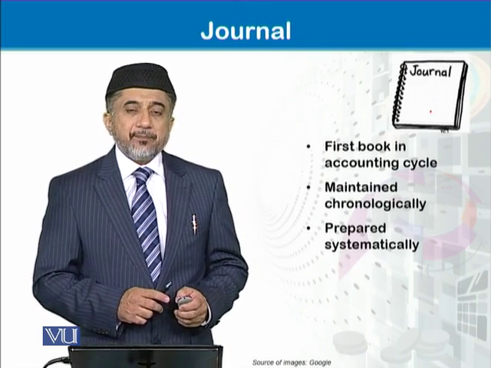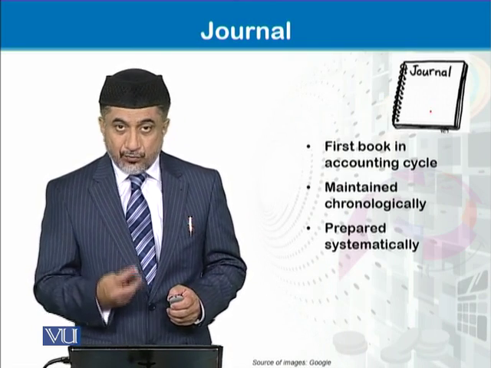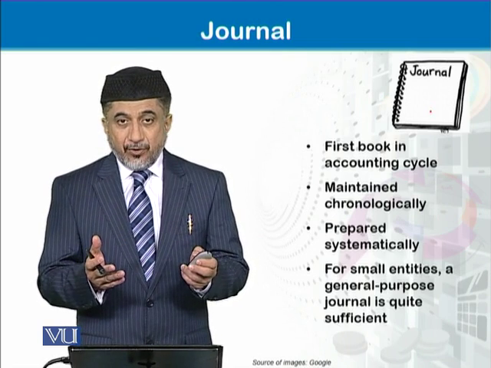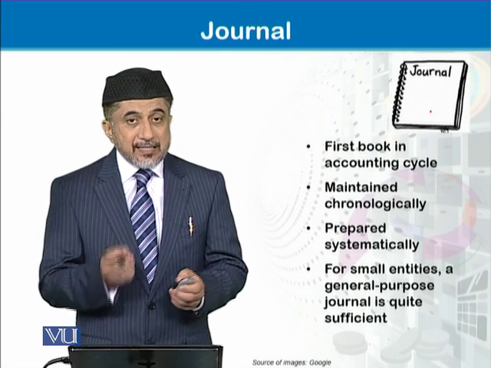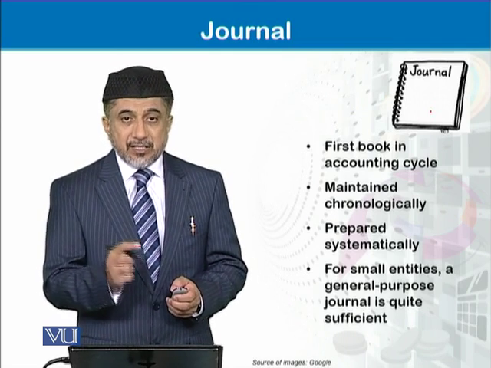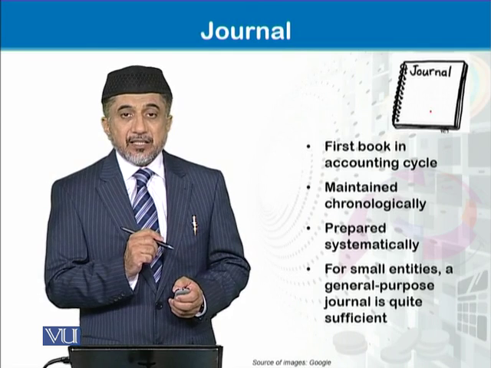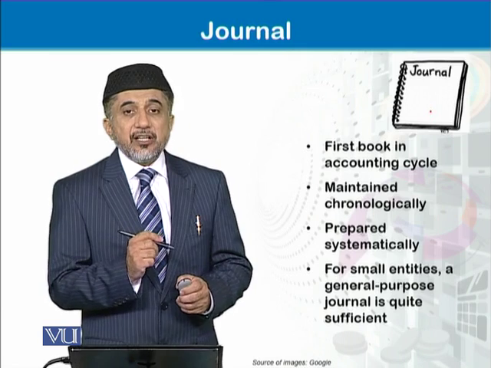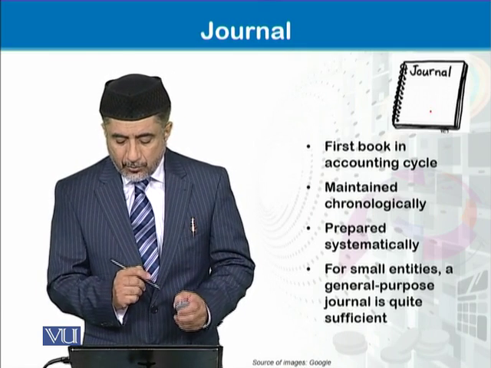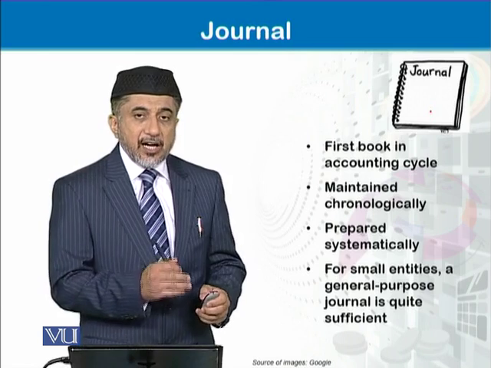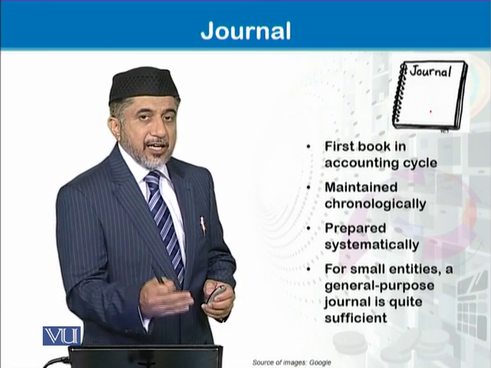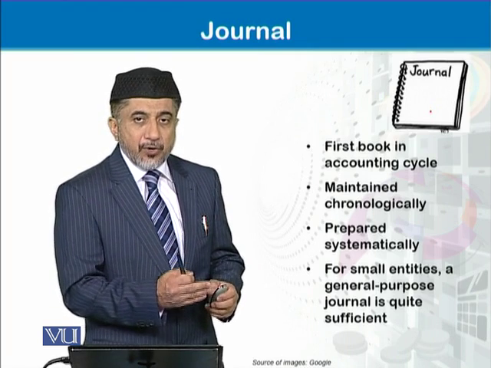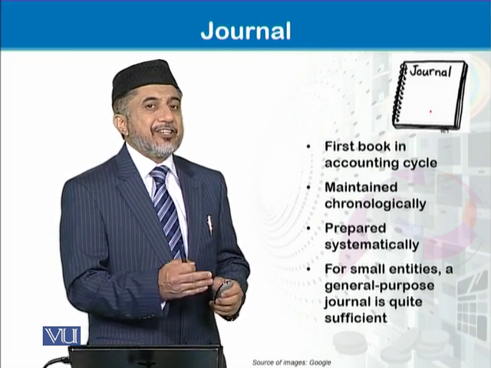Then it is prepared in a systematic way. We will discuss its format. Then it is prepared for all organizations, but the general journal, as I was discussing with you, would be focused on in this module. The general journal is sufficient for small entities, and we would start our learning how to journalize accounting transactions for a small entity in the general journal.